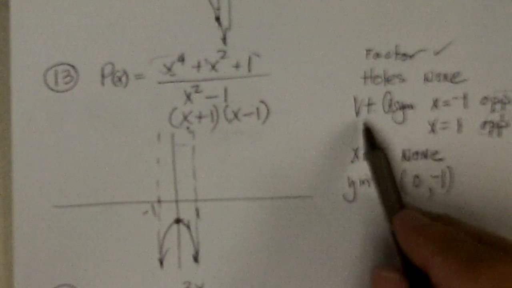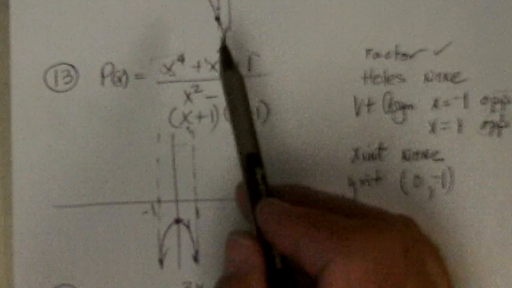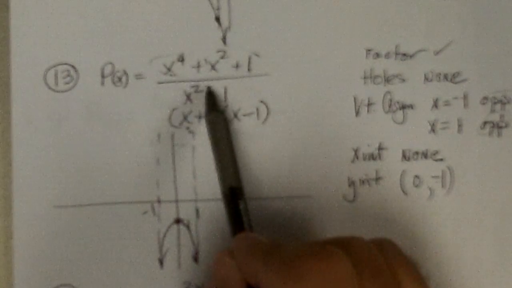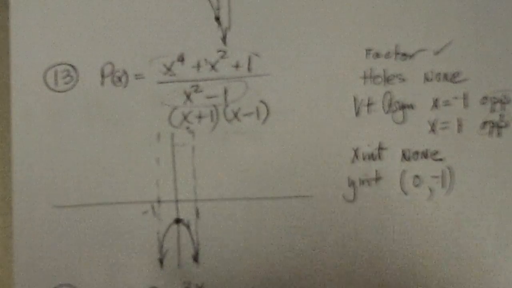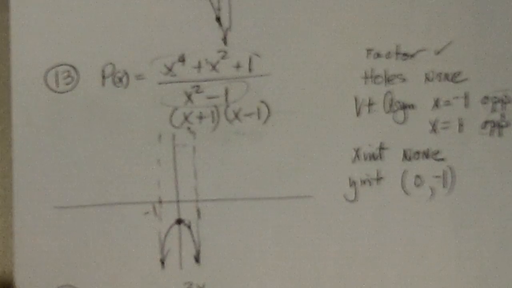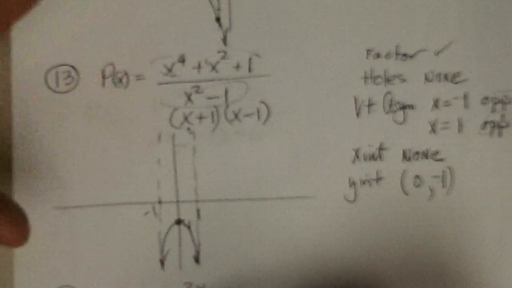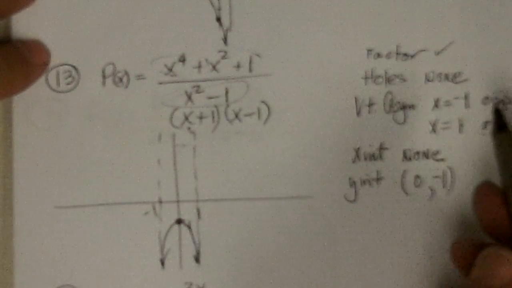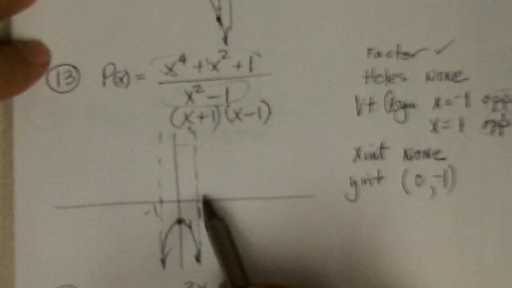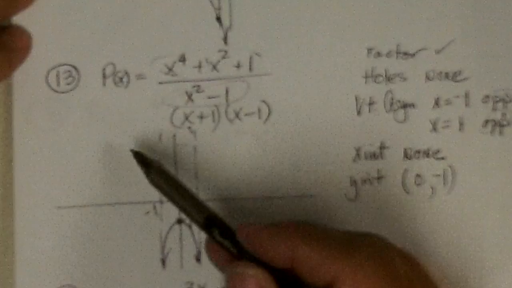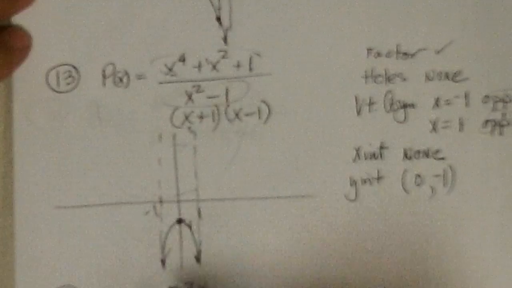And oh, I forgot to do the horizontal asymptote. This is 2 bigger than this, so that's going to be some sort of parabolic shape. I'm not going to ask you to do one of those, so I'm going to skip that and go on. It's actually going to approach a parabola, probably something like this.